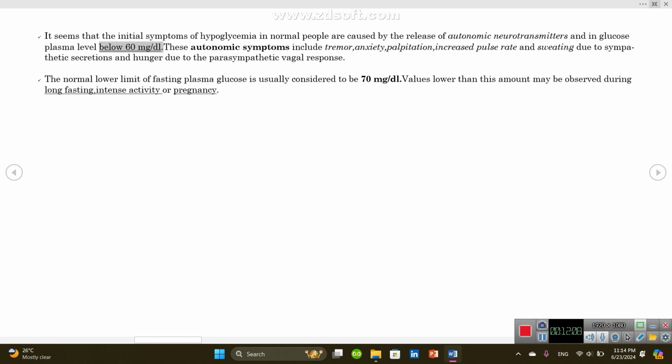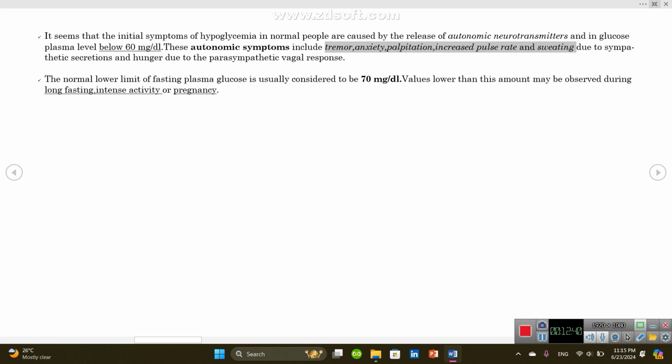These autonomic symptoms include tremor, anxiety, palpitation, increased pulse rate, and sweating due to sympathetic secretions, and hunger due to the parasympathetic vagal response. These symptoms are the symptoms of hypoglycemia, not hyperglycemia. Pay attention to the pronouncing.